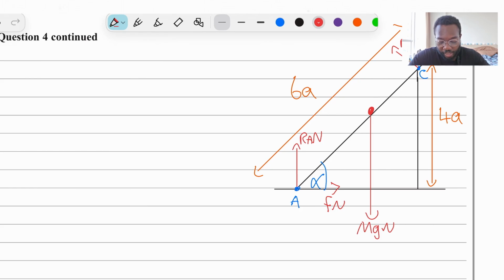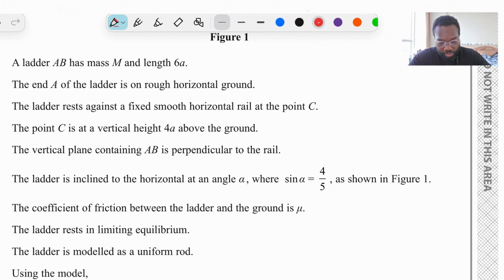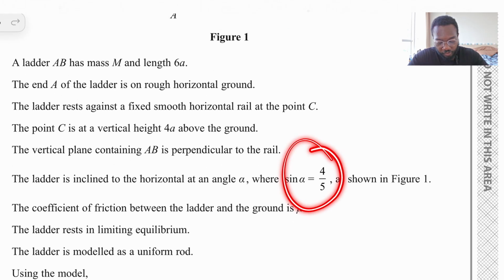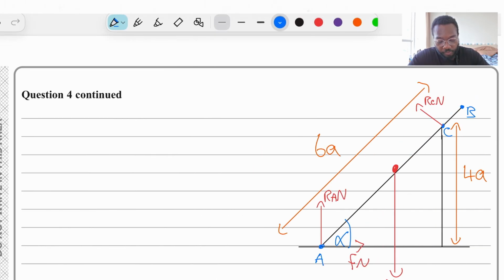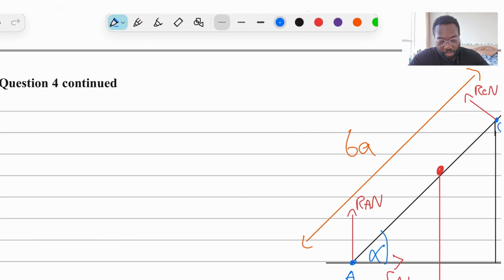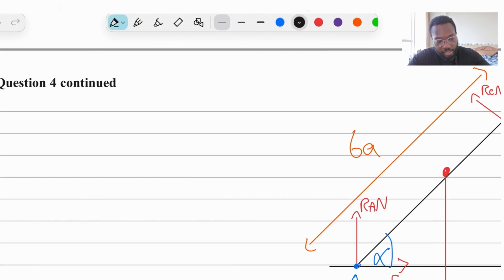But before we use that, we need to get some values for our sine alpha, our cosine alpha, and our tan alpha. In the question, they tell us that sine alpha is 4 over 5. This is unusual because usually they tell us what tan alpha is. But in this case, since they tell us what sine alpha is, more than likely we're going to have to use just that sine alpha value.